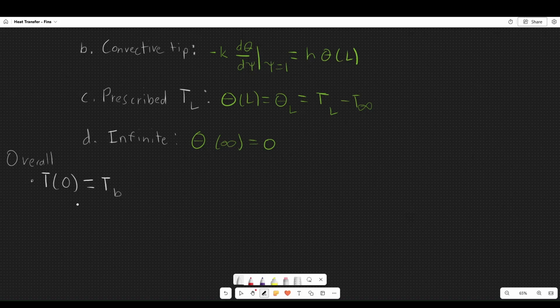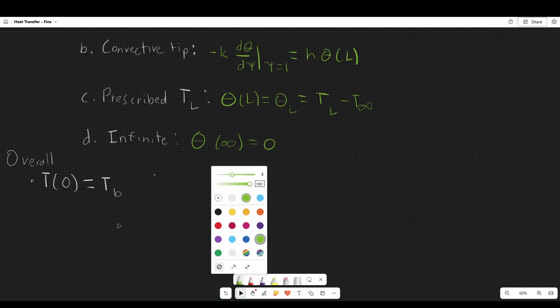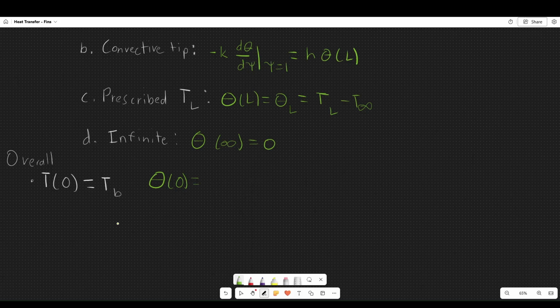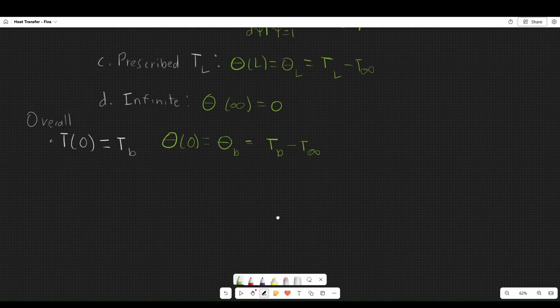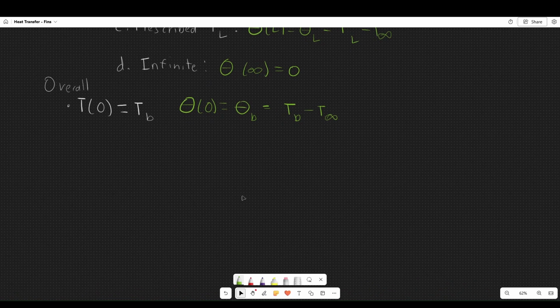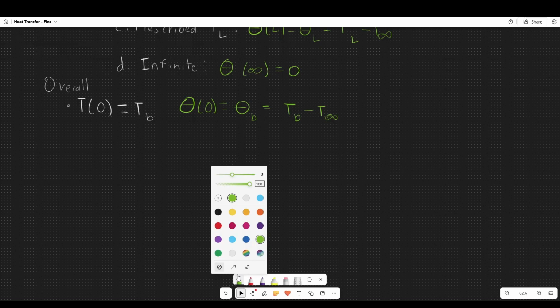Or in other words, let me write this in green, we have theta of 0 equals theta_B, which is equivalent to T_B. Perfect. Okay, so now that we have that, we can continue on to solving the ODE.